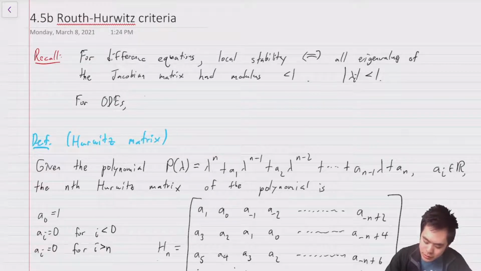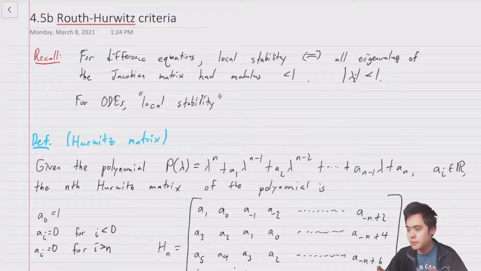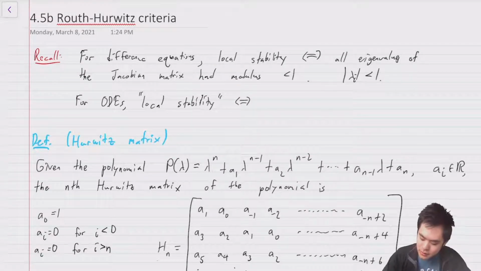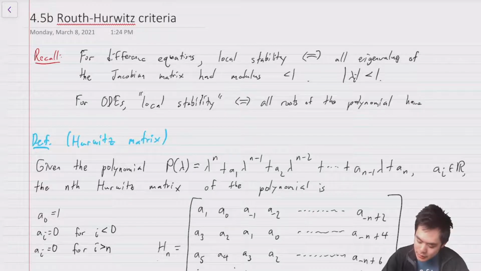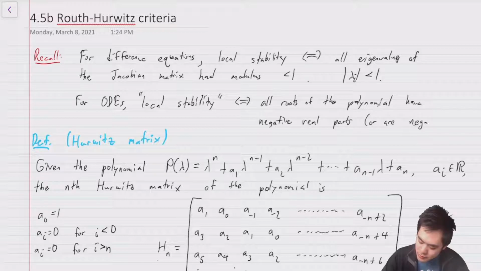So for ODEs, local stability, we haven't explicitly defined this yet, but local stability, by which you mean that all these solutions tend towards 0, sort of corresponds to the idea that all roots of the polynomial, which sometimes I'll slip up and call eigenvalues because they'll turn out to be eigenvalues when we look at the associated matrix, all roots of the polynomial have negative real parts, or are negative if they're real.